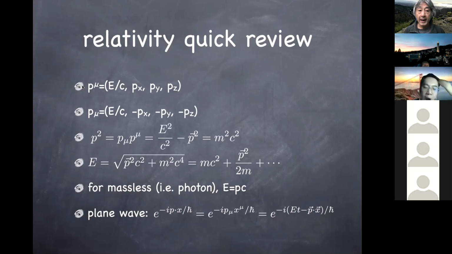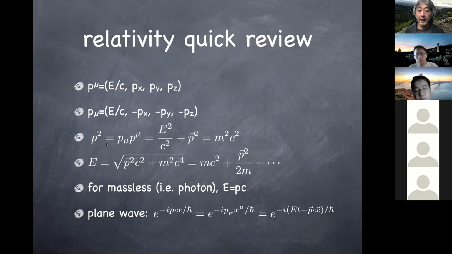And by having this p mu 4-vector, immediately I can write an invariant. So this is a sloppy notation. When I write p squared, it is meant to be the contraction of the Lorentz vectors. The same vector twice, but one with lower index, one with the upper index, to make sure that it's a Lorentz invariant combination.